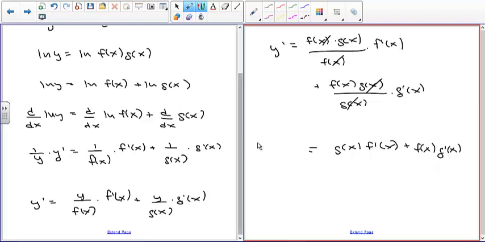What we were doing originally was taking the derivative with respect to x of the product of the two functions. And using logarithmic differentiation, we proved that it's the normal product rule that we derived.